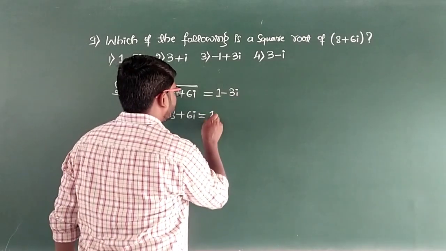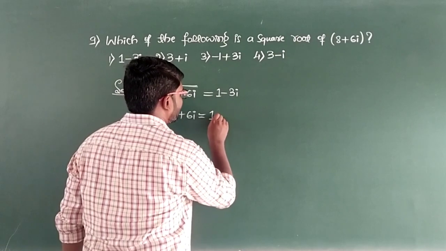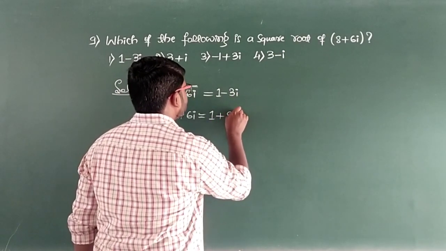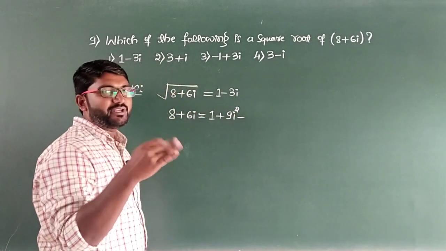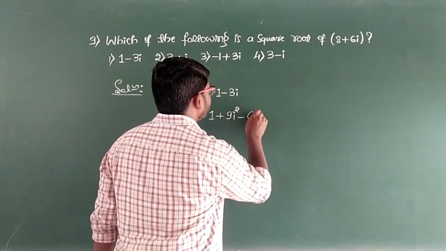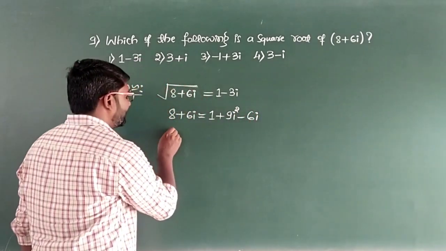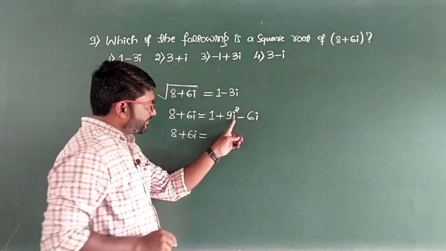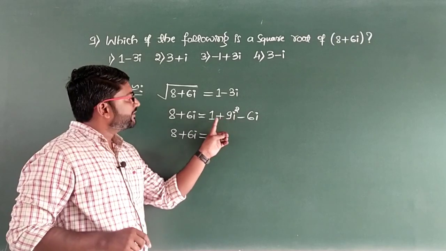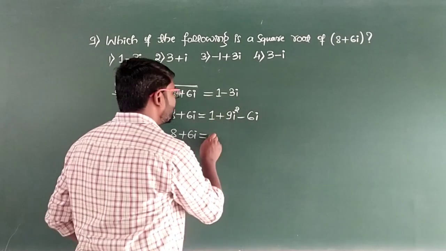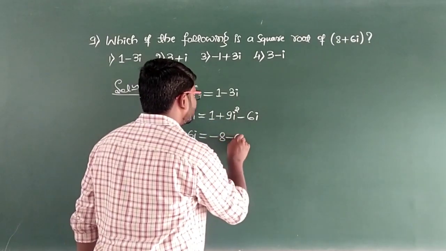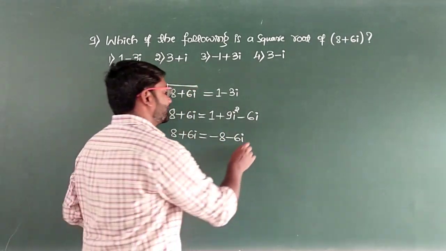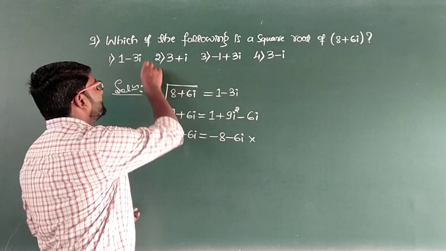So a square, that is 1 square, it will be 1, plus b square, 3 square, it is 9i square, then minus 2ab will be 6i. So what do we get now? 8 plus 6i is equal to, so i square value will be minus 1. We get 1 minus 9. It will be minus 8 minus 6i. So here LHS is not equal to RHS. That means option 1 is not the correct answer.